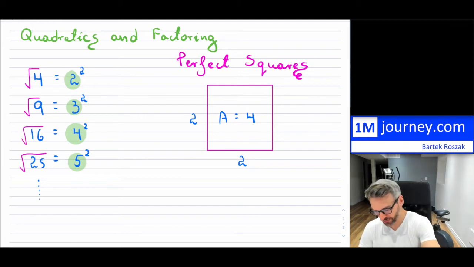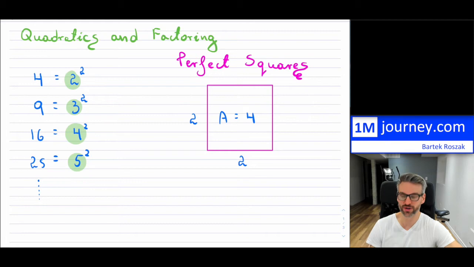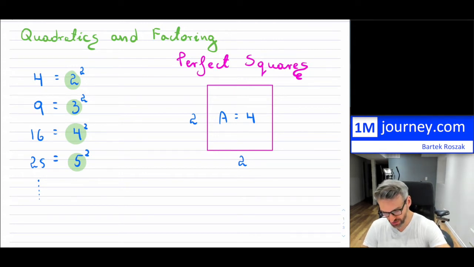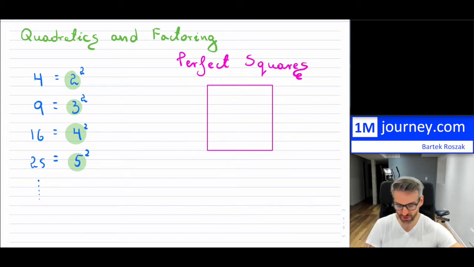Now, if you're taking quadratics and talking about polynomials, you're not going to have just numbers. Numbers are great to work with, and definitely much easier. But if you start introducing variables like x and y and z, or a and b, it doesn't really matter, you can change these perfect squares by introducing these variables.